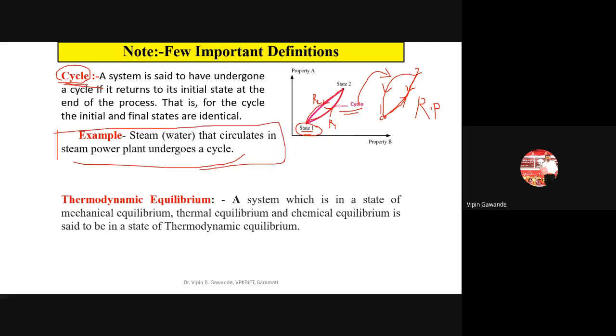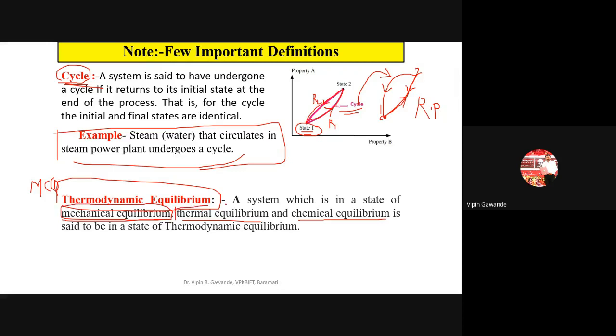Now this is thermodynamic equilibrium. It is the equilibrium of mechanical equilibrium, thermal equilibrium, and chemical equilibrium. In MCQ questions, generally they ask this. Mechanical equilibrium means no forces are acting.